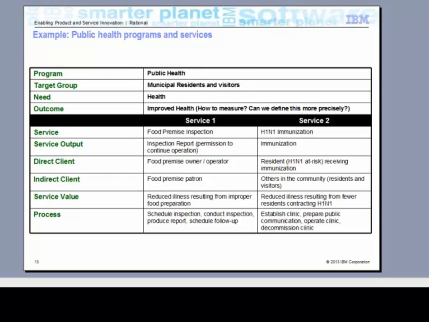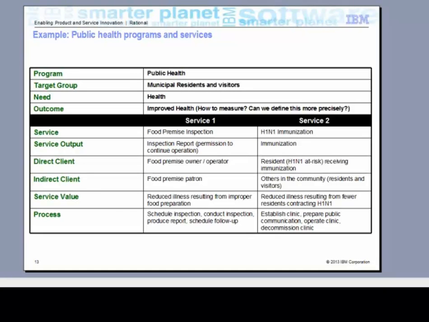Those targets are then used to determine service levels and budgeting allocations that are required to produce those service levels. These considerations can lead to a better expression of outcomes, which can help determine what services and programs are required in order to deliver the desired outcomes.